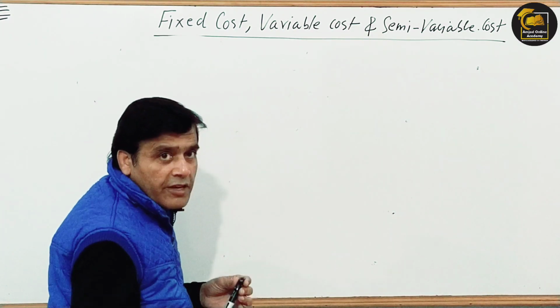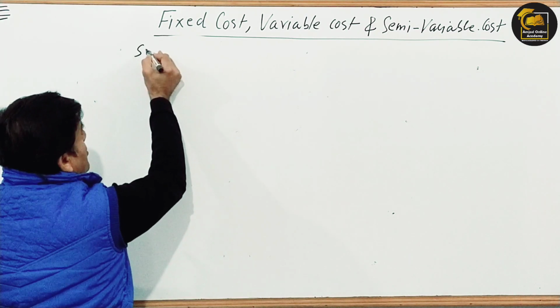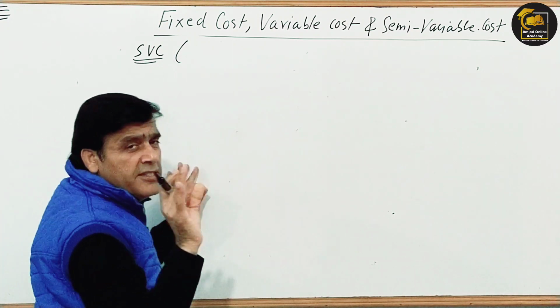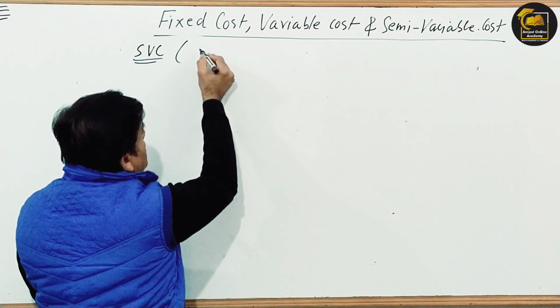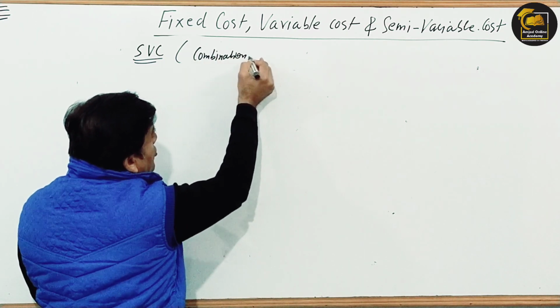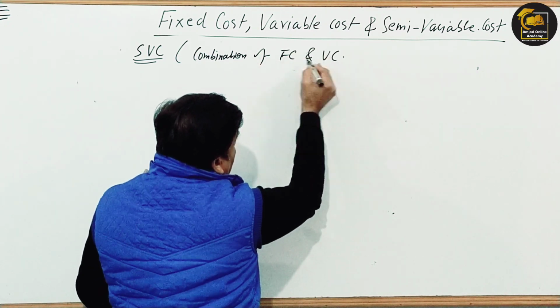Now coming to the semi-variable cost. In the easiest words I can tell you, semi-variable cost is the combination of both, a combination of fixed cost and variable cost.